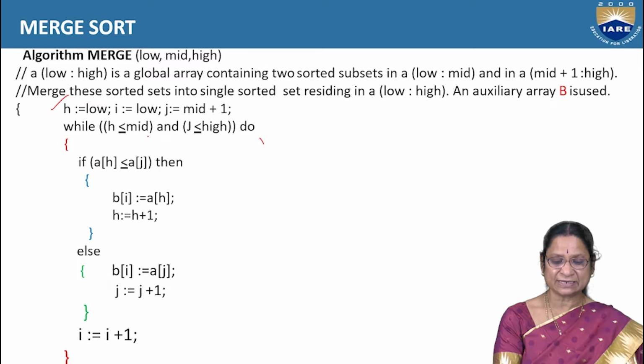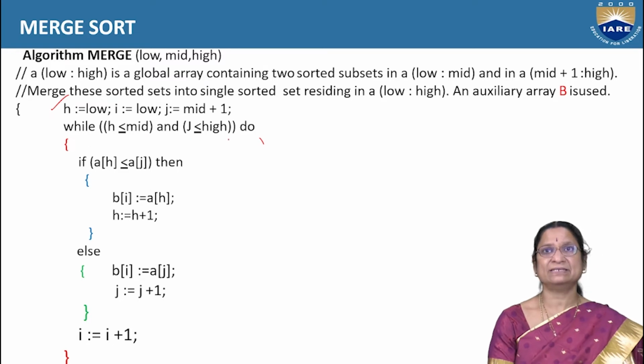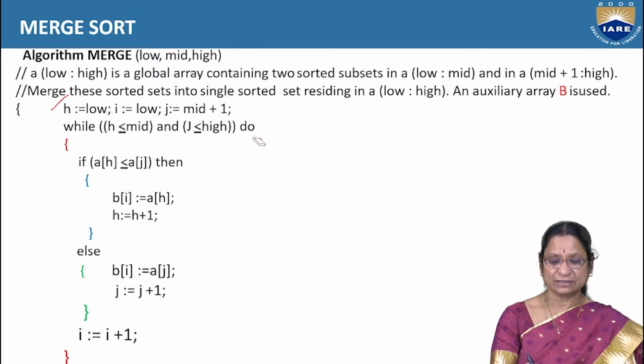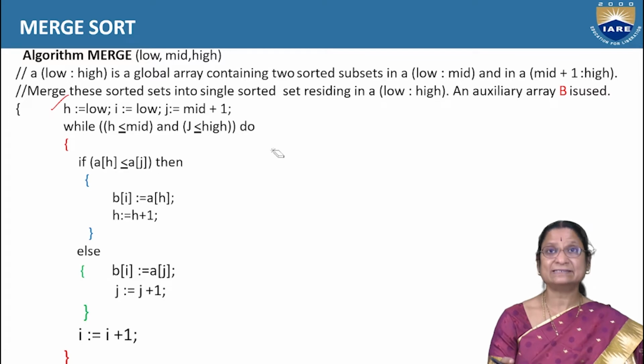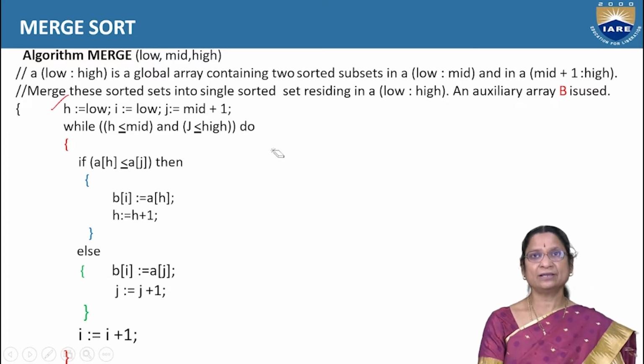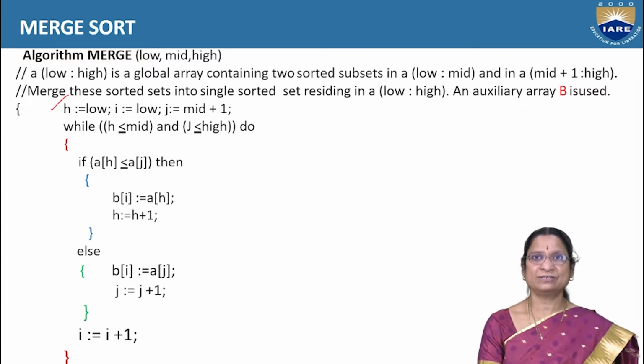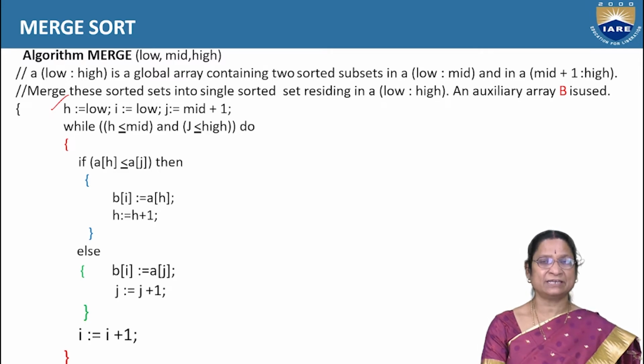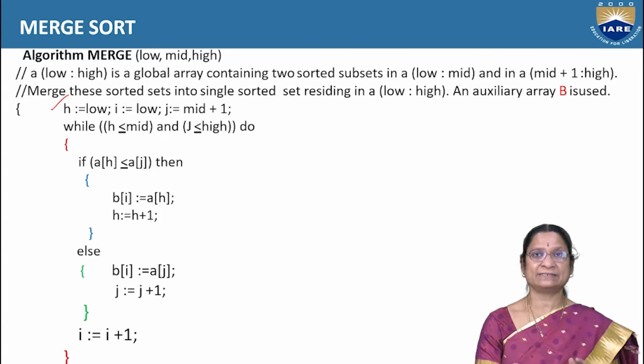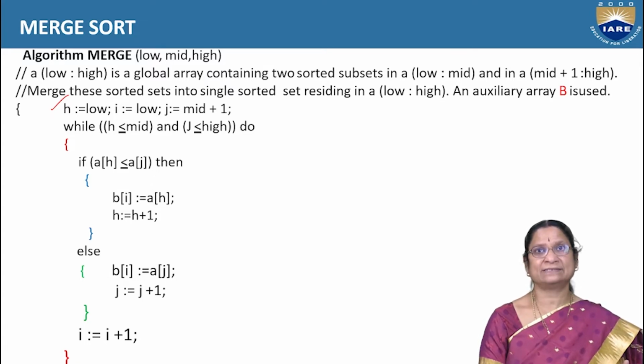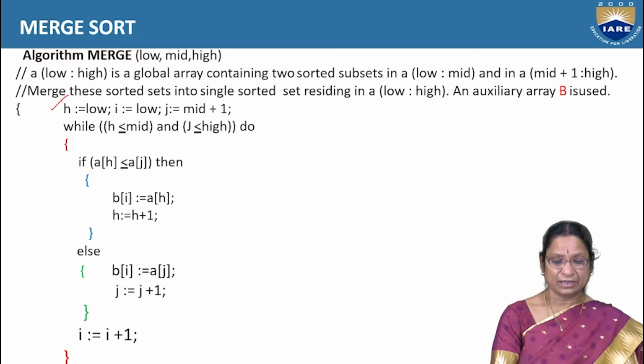So while H is less than mid and J is less than high, means as long as the two sublists are not exhausted, H moving up to mid means the first sublist, and J up to high means the second sublist. So we are checking both are not exhausted. If one of them gets exhausted, it will come out of the loop. Then we will see what happens.